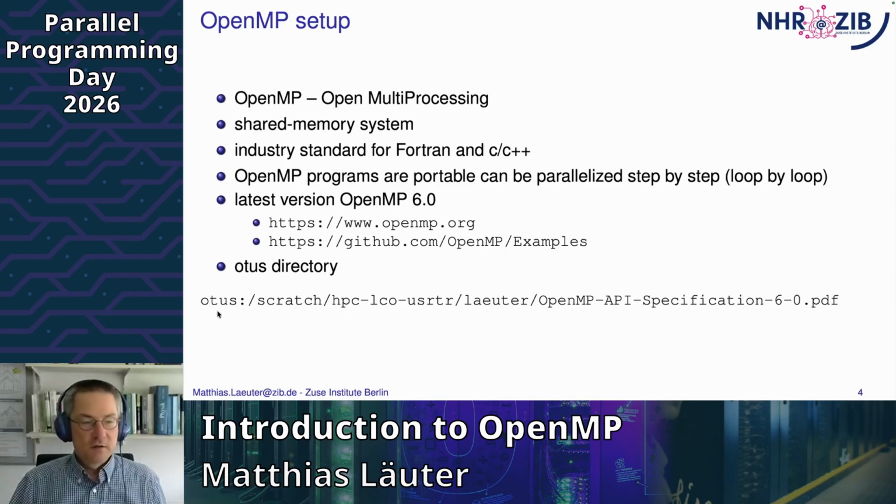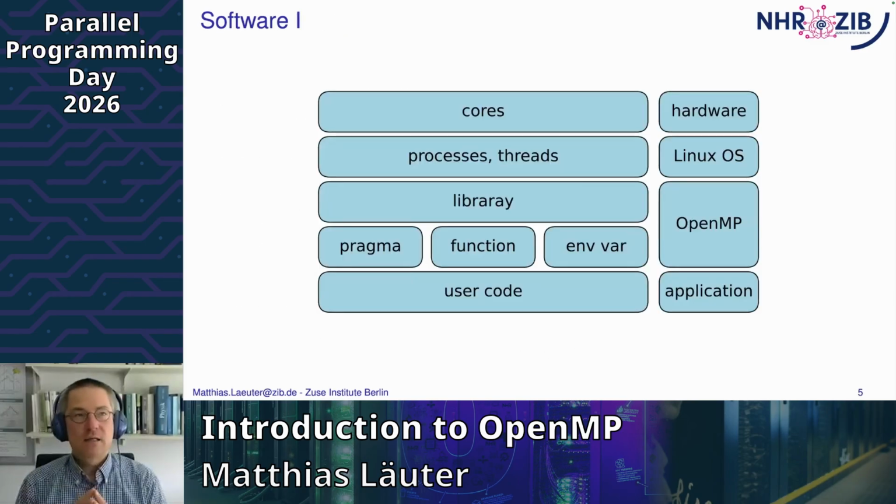But the local copy is located on Otus Scratch, and this is the path to that. It's a good way to know where to look, how the exact syntax needs to be done. Okay, great. And so this is the software, and how is OpenMP organized?